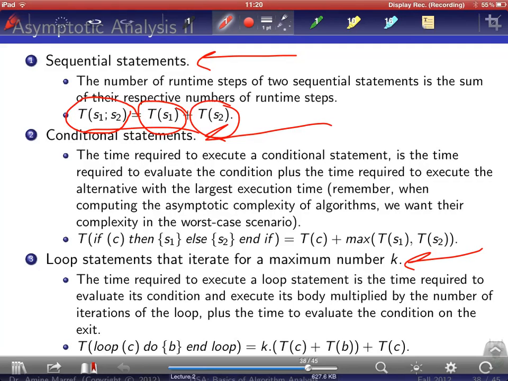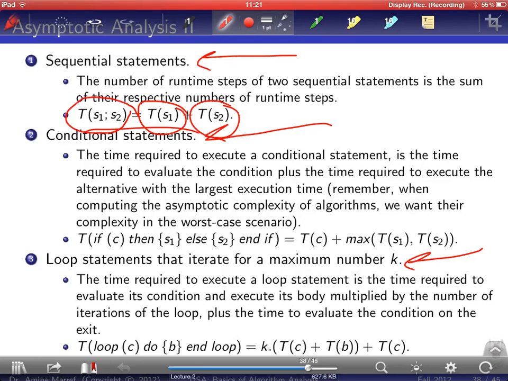We have talked about this previously in the previous lecture. We said that we are interested in the worst case. When we have a program, we look at when the input is very large, and also we look at inside the program where there are more steps, like inside conditionals.